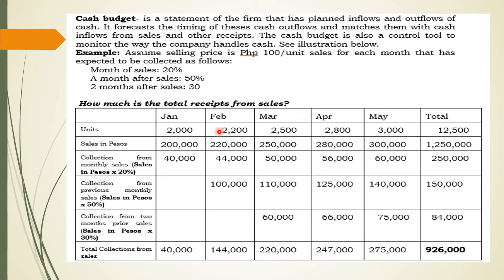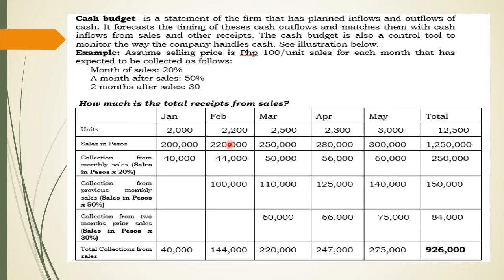Next, February, you have units nga na sold. Mao ni siya ang sold units. 2,200 times 100 per unit sales, you will collect 220,000. So it says here 20% sa month of collection.